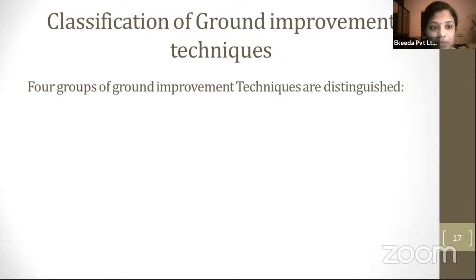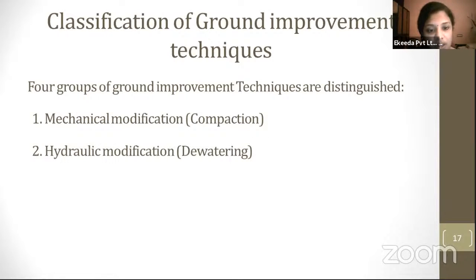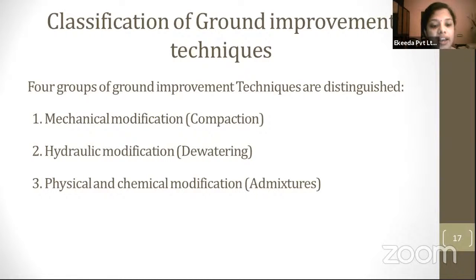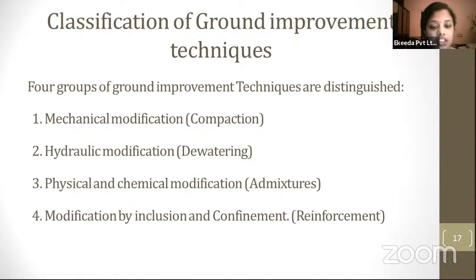There are mainly 4 groups of ground improvement techniques that we commonly adopt. First is mechanical modification. Second is hydraulic modification. Third is physical and chemical modification. And fourth is modification by inclusion and confinement.